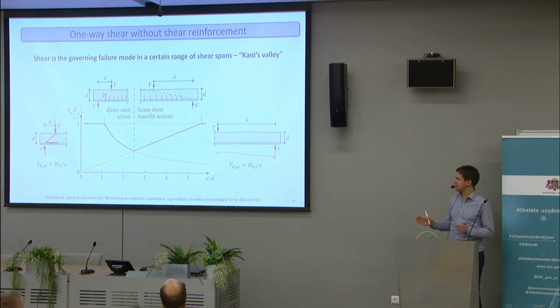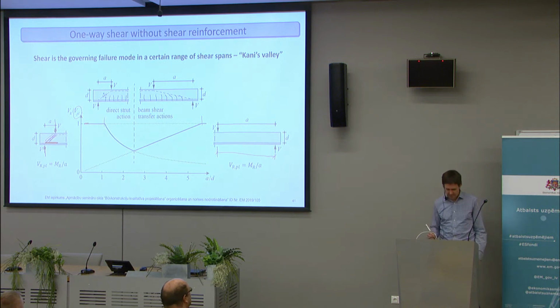It's not short enough that we can have a direct support and just put enough reinforcement in, and it's also not long enough that shear is not governing the failure mode at all, so that it's going to fail in bending.